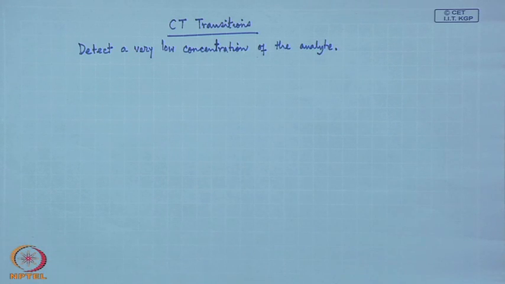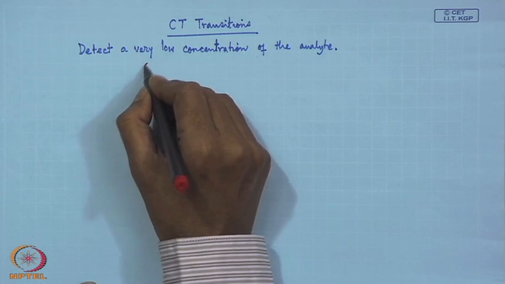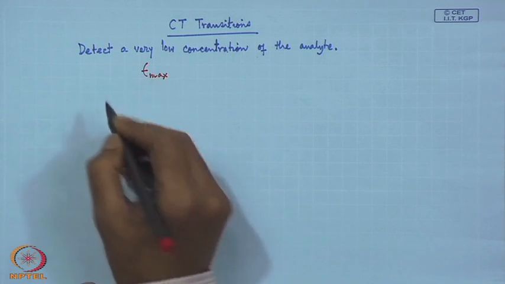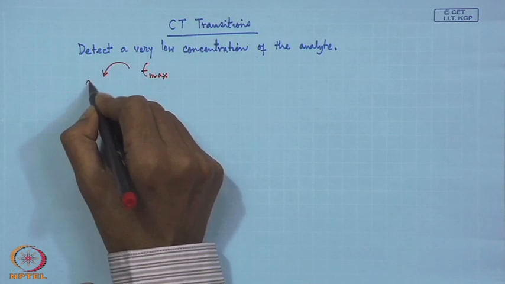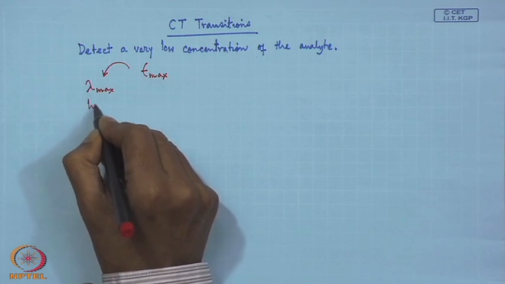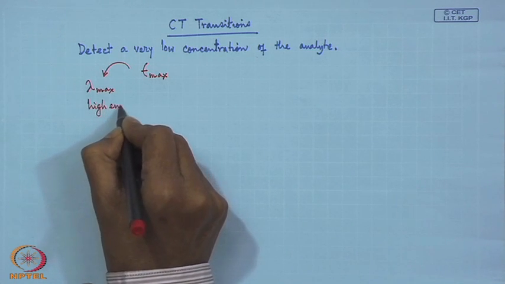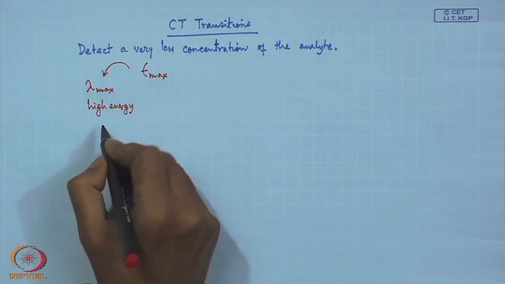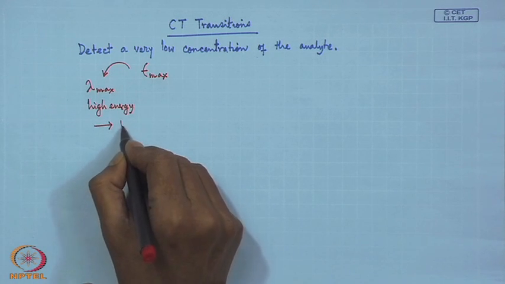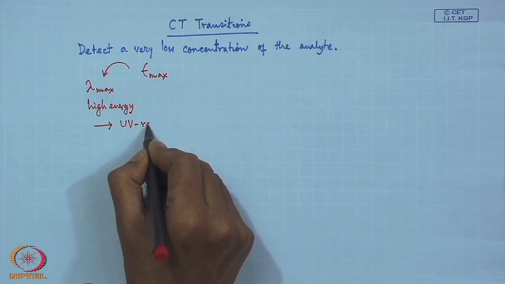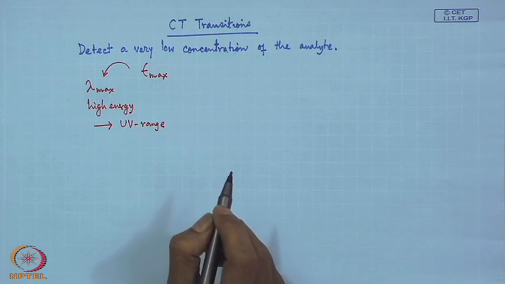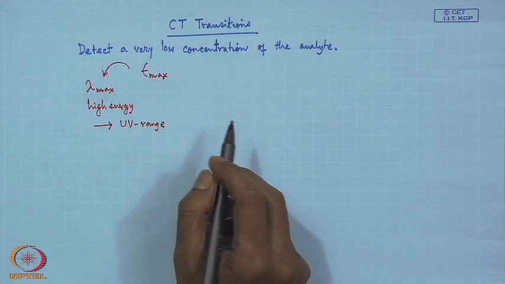Because of this epsilon max, which is very important, as the corresponding lambda max is in the high energy region and is approaching close to the UV range, because the energy gap for this transition is high.